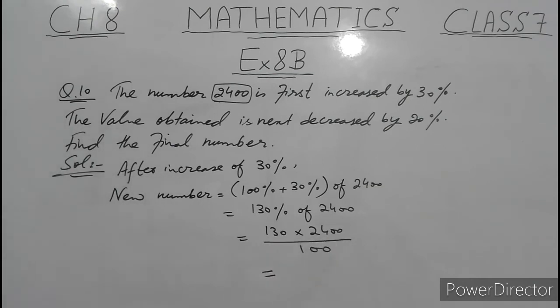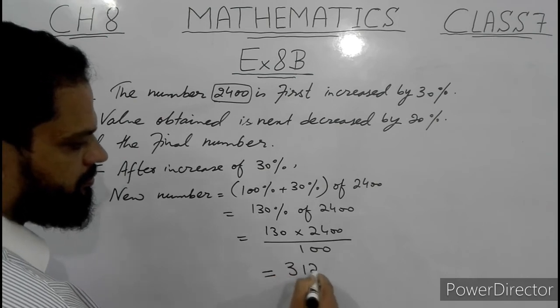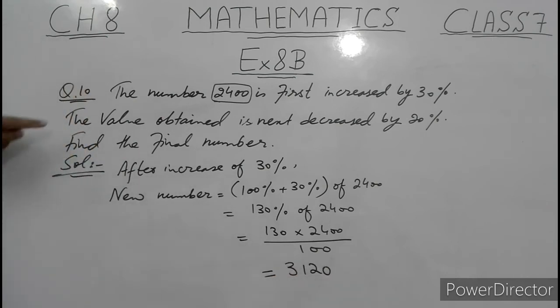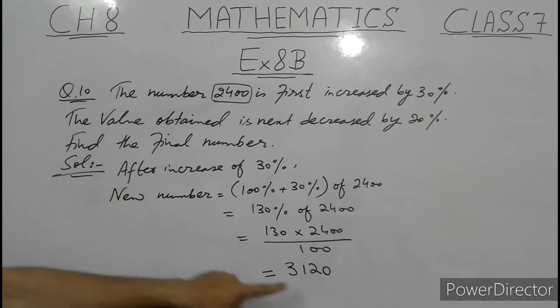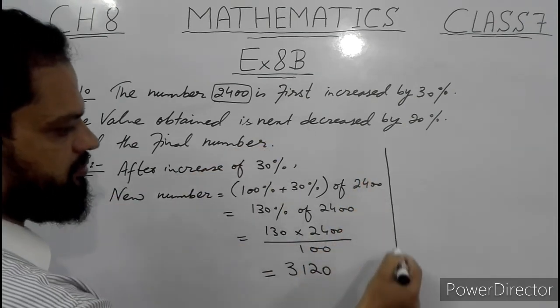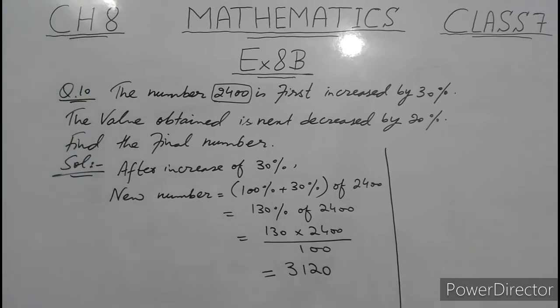Now by using calculator we will get 3,120. In the second line, when we increase 2400 by 30%, the value obtained, which is now 3,120, is next decreased by 20%. Find the final number.